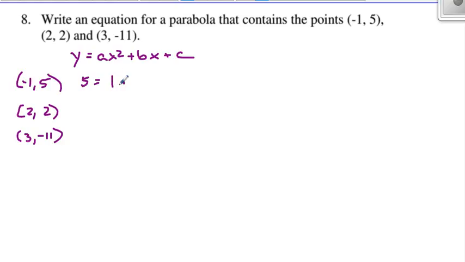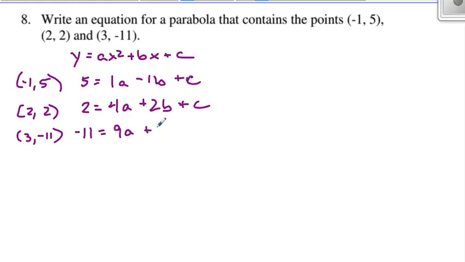So I've got 1a minus 1b plus c. Down here, I plug in 2 for y and 2 for x. So 4a when I square plus 2b plus c. And over here, negative 11 equals 9a plus 3b plus c.